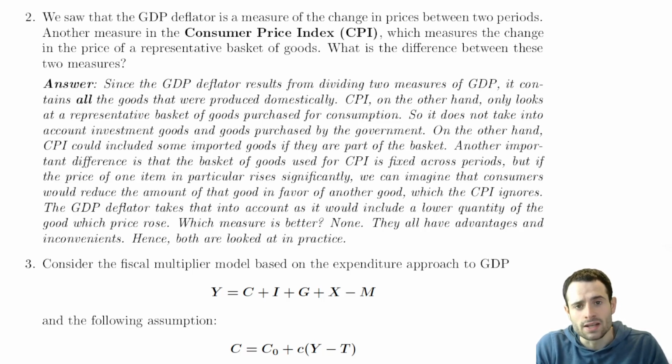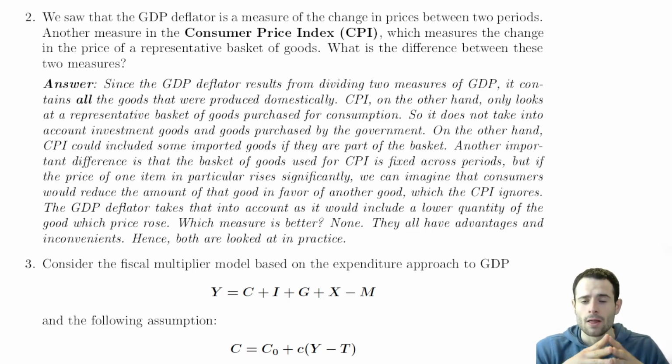The consumer price index represents prices for a representative basket of goods. Some goods do not take any fraction of anyone's budget, or almost no fraction. So these goods will not be counted in the consumer price index.